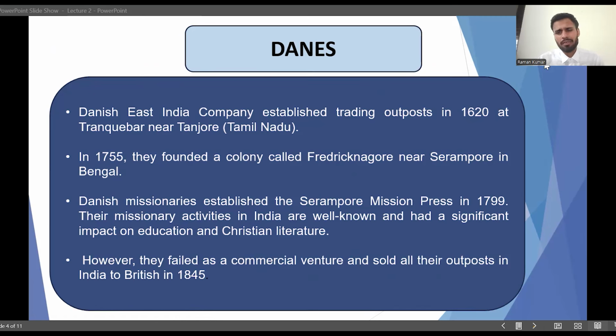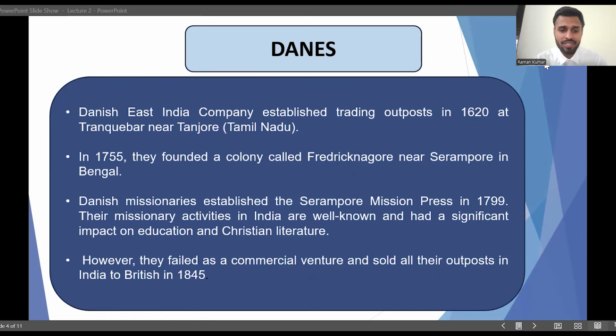And there were a lot of Christian missionaries that were brought by the Danes there. They established the Serampur Mission Press in 1799 and their missionary activities continued. They published, printed and distributed a lot of Christian literature and helped in the spread of Christianity in India. Not only the spread of Christianity, but also the spread of Christian ideas in India.